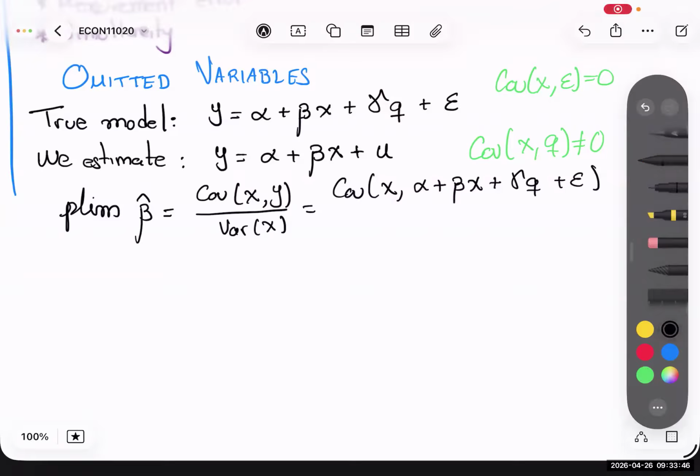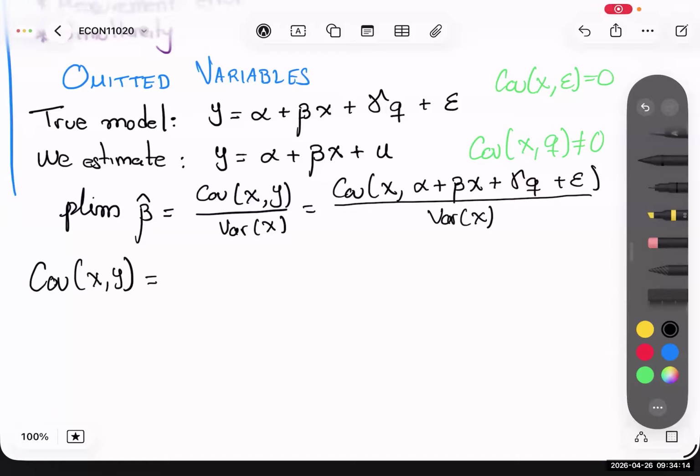Now, going back to the probability limit, of course, we have to divide by the variance of x. So what I'm going to do for simplicity is to first work only with the numerator, the covariance of x and y. And then I will take the ratio between this covariance and the variance of x.